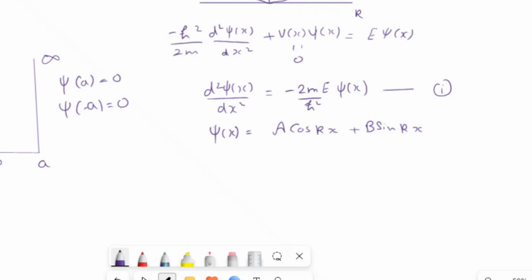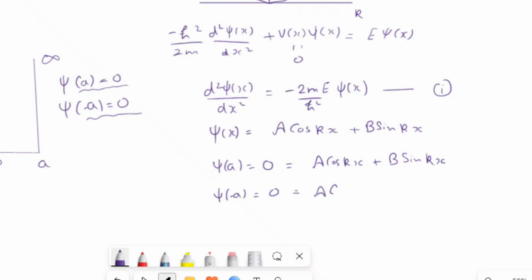Now we will use these boundary conditions to apply further: phi of a equal to 0 is A cos kx plus B sin kx equal to 0, and phi of minus a will also be 0.